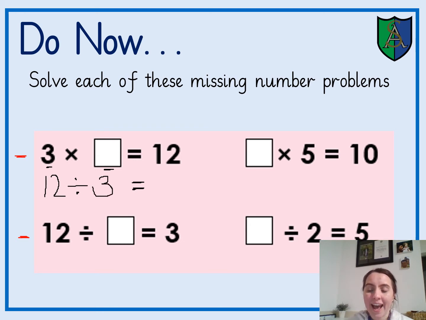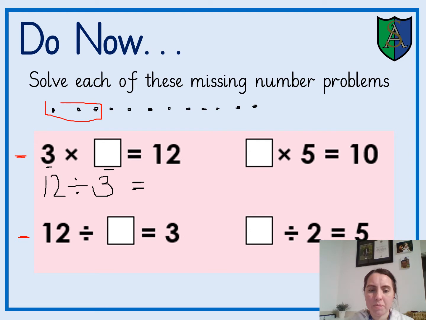To help me, I'm going to use a method that I've already learned in a previous lesson: division by grouping. So I'm going to draw out my 12 little dots. 1, 2, 3, 4, 5, 6, 7, 8, 9, 10, 11, 12. And I'm going to now group them into groups of 3.